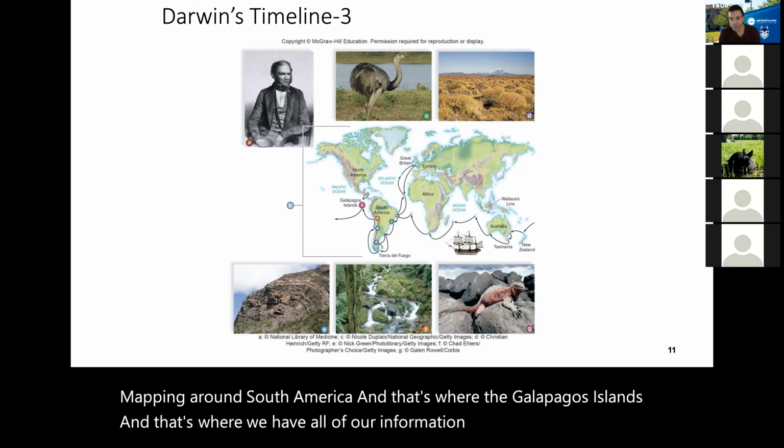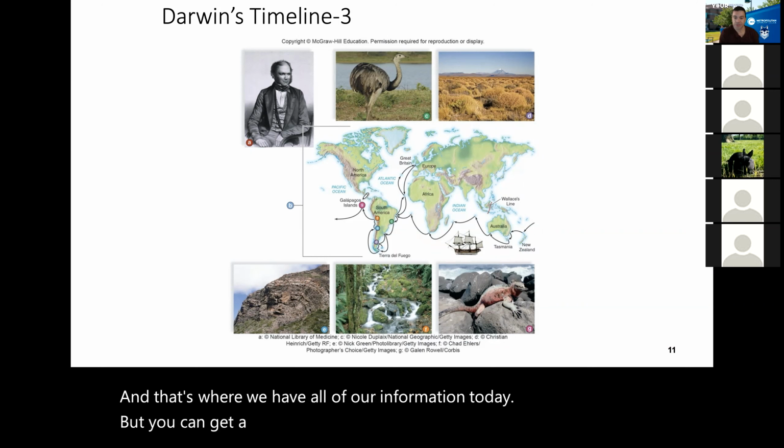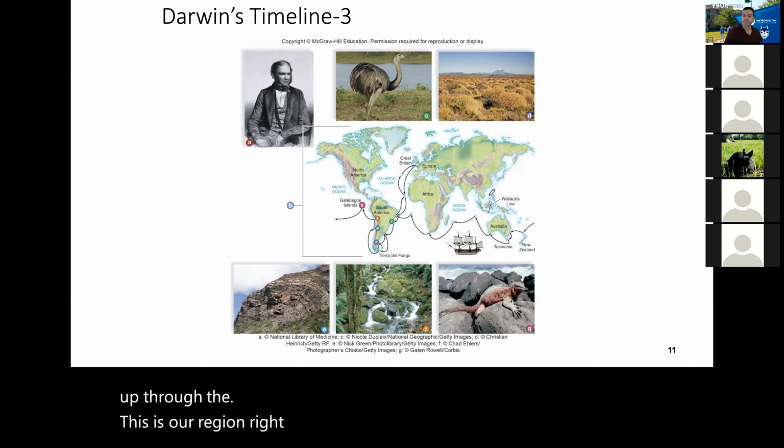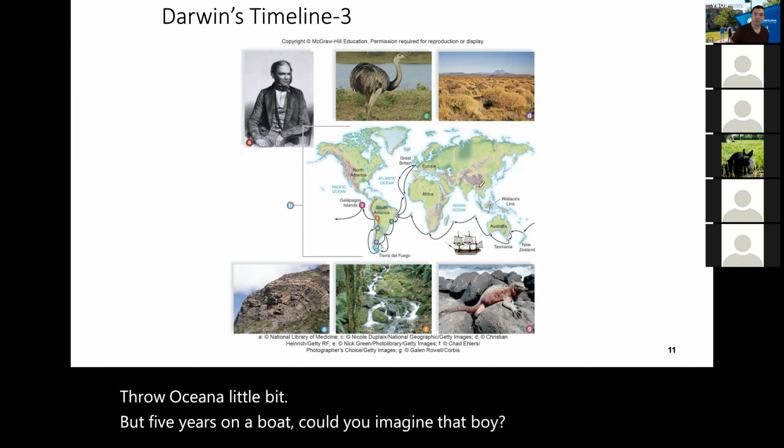Okay. But you can kind of see they bounced around. There's Wallace. He kind of went up through this little region right here. Through Oceania a little bit. But 5 years on a boat. Could you imagine that? Boy. That would not be a fun time.